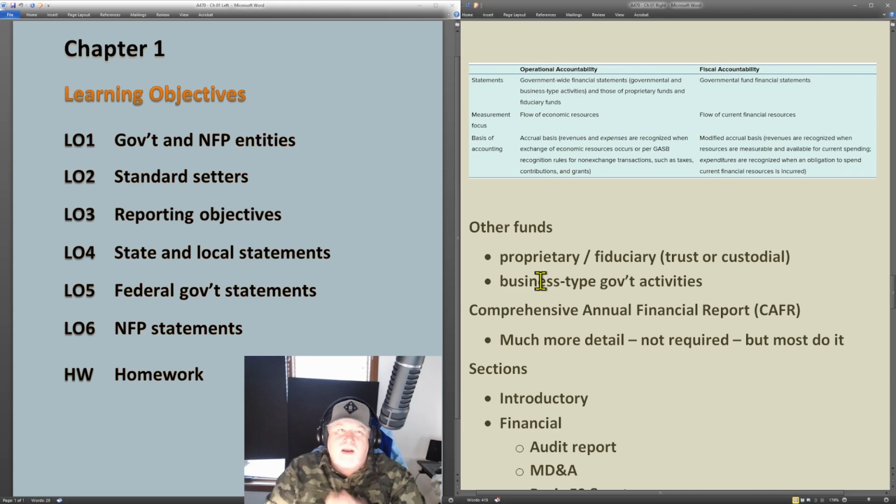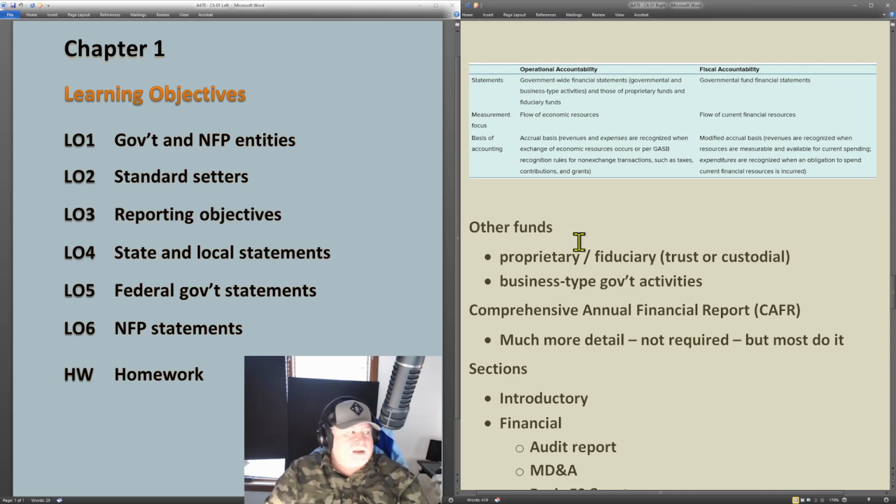That would be a good example of a state or local government trust or a custodial fund. But these are somewhat government business type activities. They're doing specific things, and we'll talk a little bit more later. But just recognize that in addition to the financial operating funds, there can be some other funds, and they're termed either proprietary or fiduciary funds.